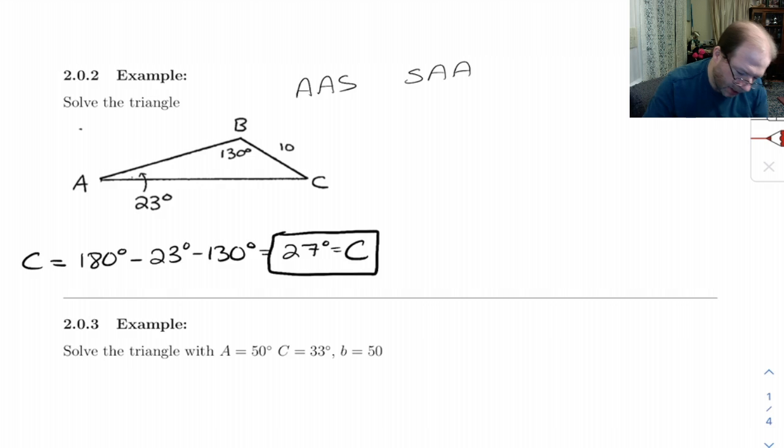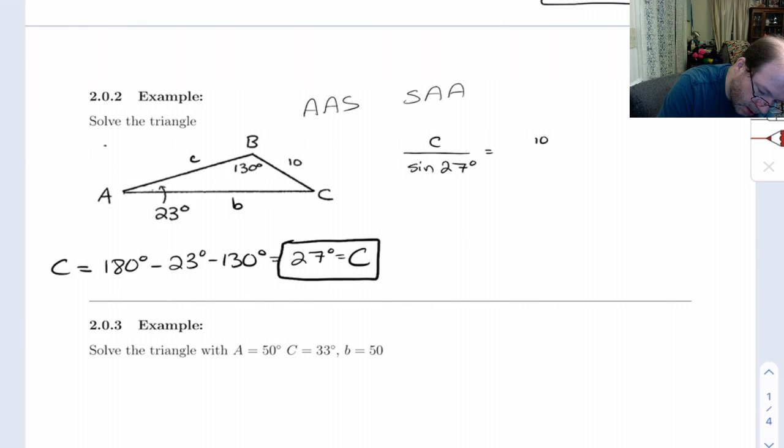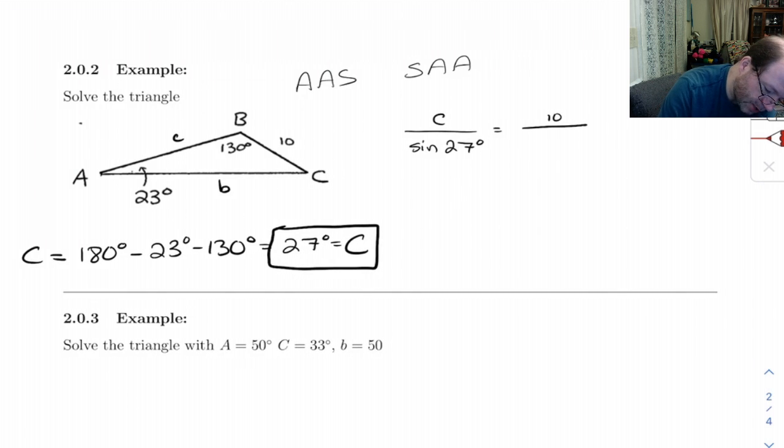All right. And now we want to find little b and little c. So little c over sine C is little a over sine 23.